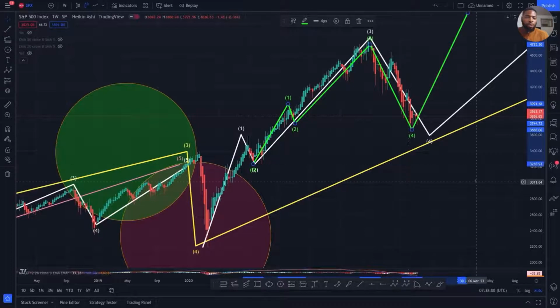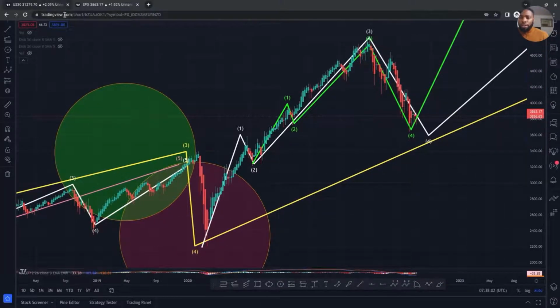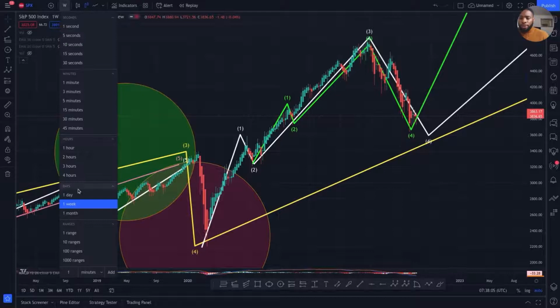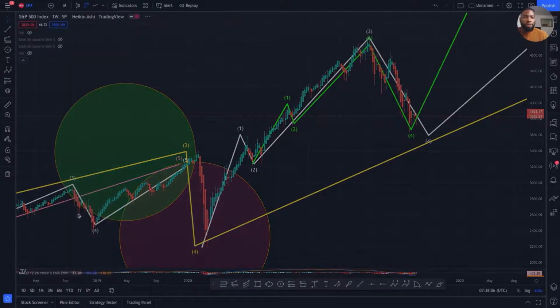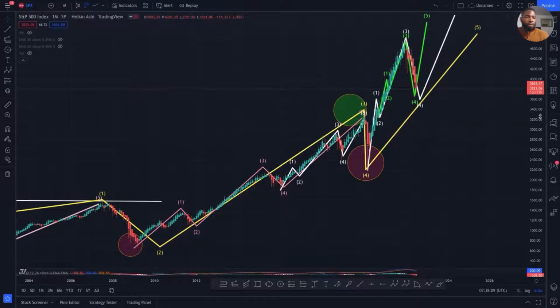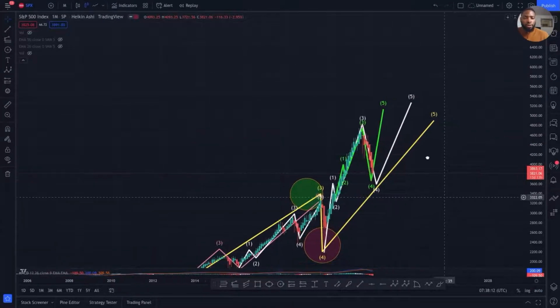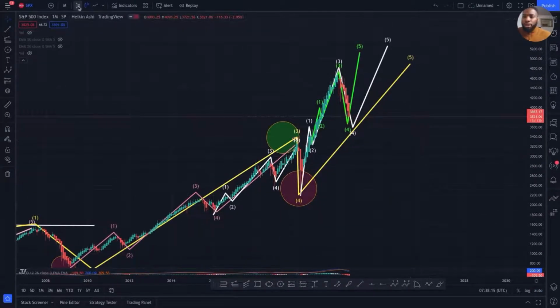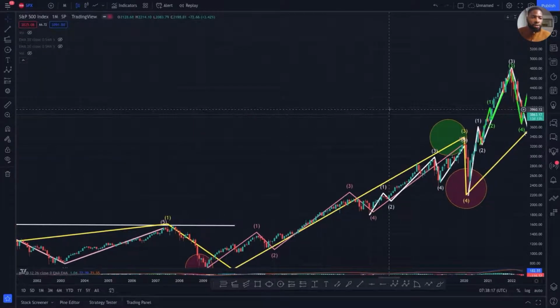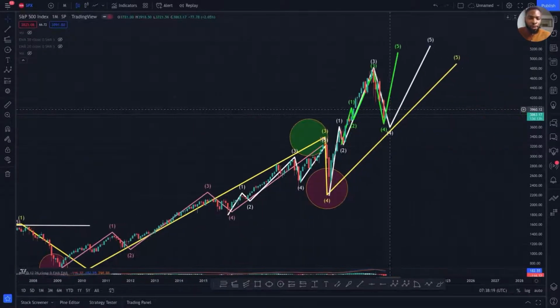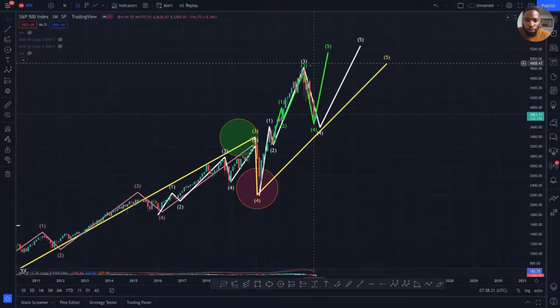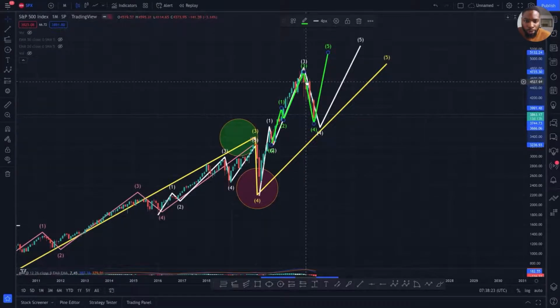placed in green, meaning if I go back to the monthly time frame, and I put it back to the candlestick pattern, we are still in the major third wave. And in the major third wave, we are not done with the major third wave.